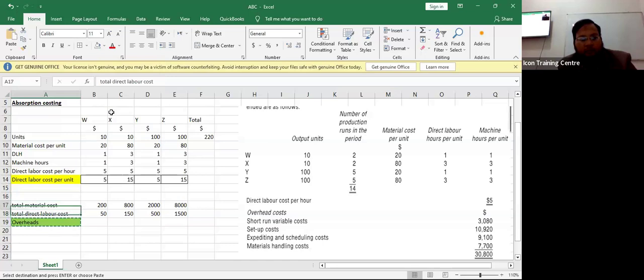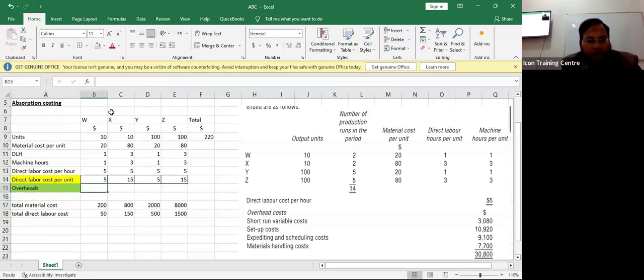Okay, first I will find the overhead absorption rate. Overhead absorption rate, right, sir? So how do I calculate? Total overheads divided by total direct labor hours. And how many direct labor hours do you need to work in total?